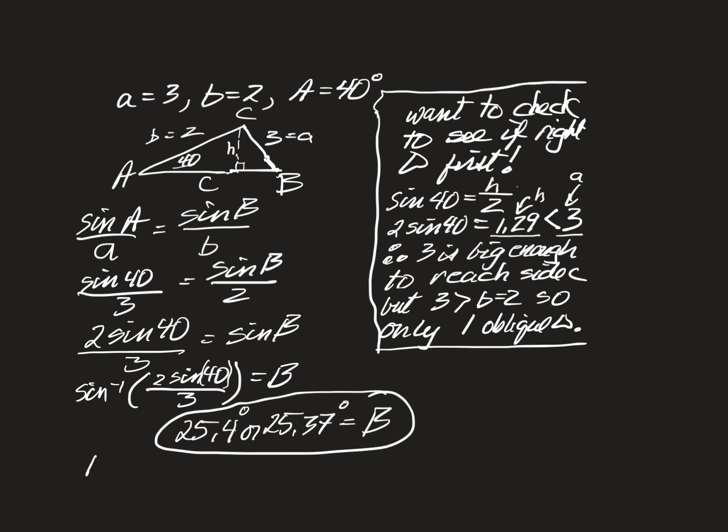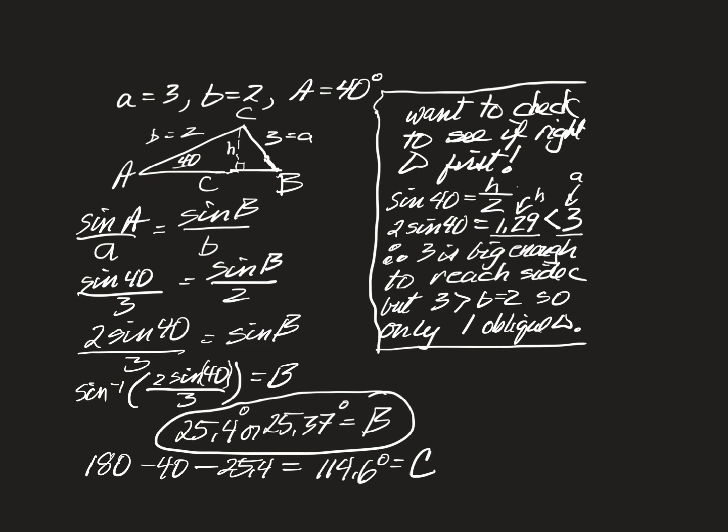So now I take 180 minus 40 minus 25.4. Okay. I get 180 minus 40 minus 25.4. And that's equal to 114.6 degrees, which is angle C.